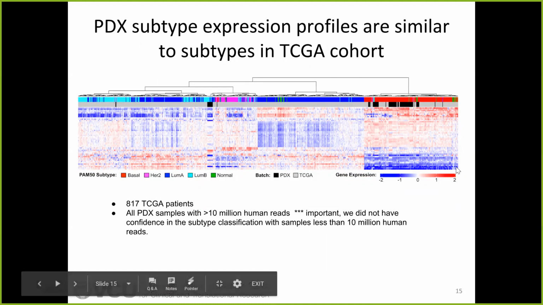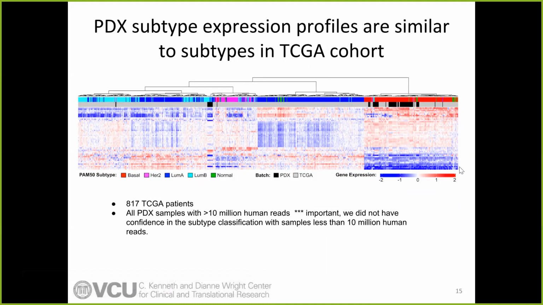And so we took the gene expression of the PAM50 genes for our samples and the TCGA samples and clustered them using hierarchical clustering. So this annotation bar here tells you if it's a PDX or one of our samples or a TCGA sample. So all the grays are the TCGA samples and the black bars are our PDX samples.